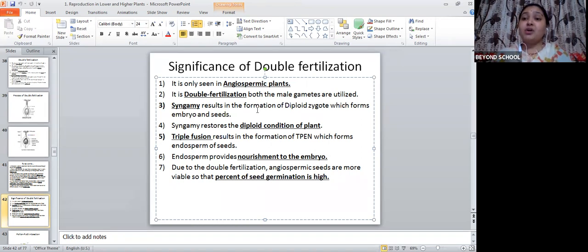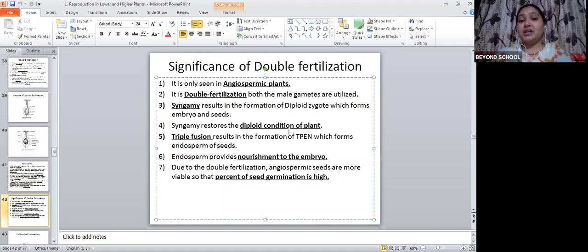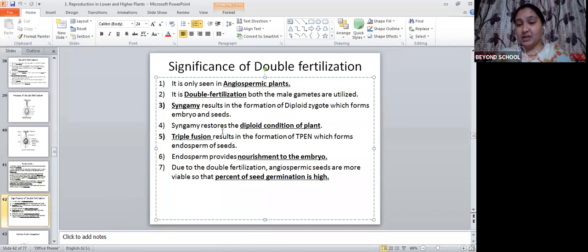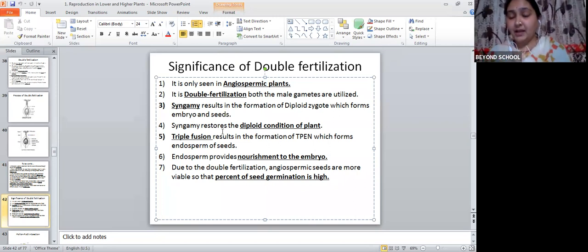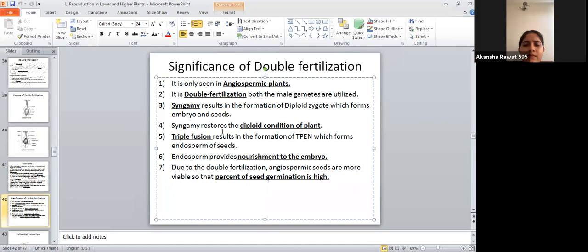So this fertilization which is happening restores the diploid condition of the plants, right? See, I have written here, syngamy restores the diploid condition of plants. Means what? Whenever you eat a fruit, for example a mango, that mango plant is going to give another plant which is diploid in condition. Why is it giving a diploid condition?